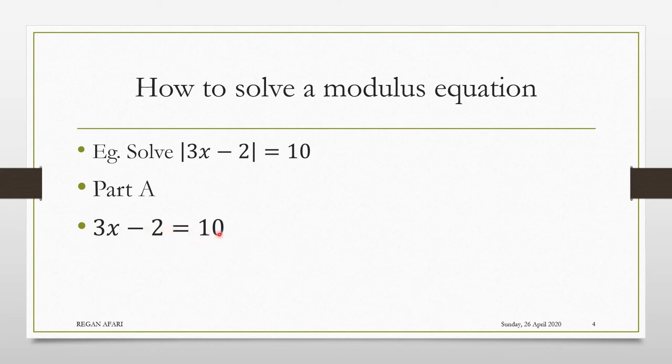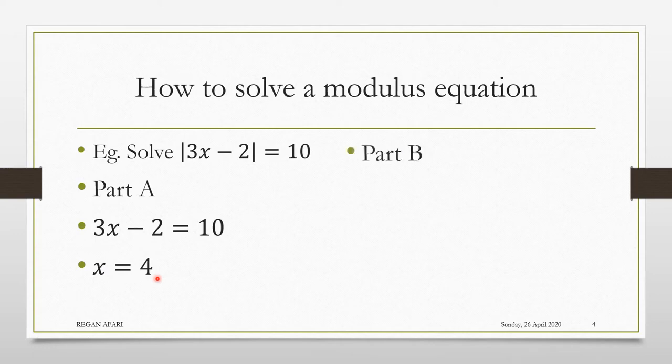Solving for x, we transpose the 2 to the other side of the equation, or you can say you add 2 to both sides, so negative 2 crosses the equal sign to become positive 2. That will give you 12. So 12 divided by 3 will give you 4. So we know x is 4.